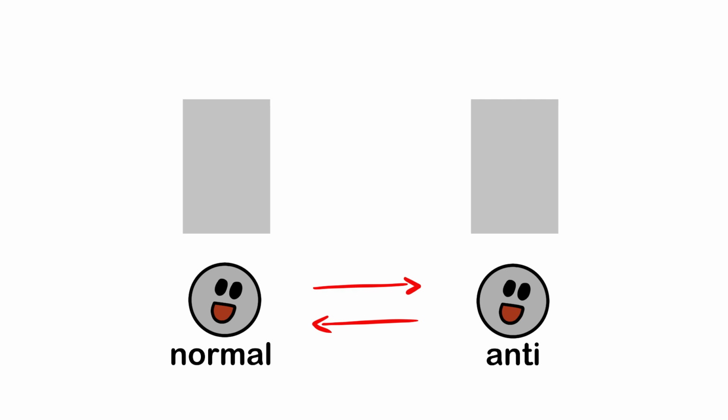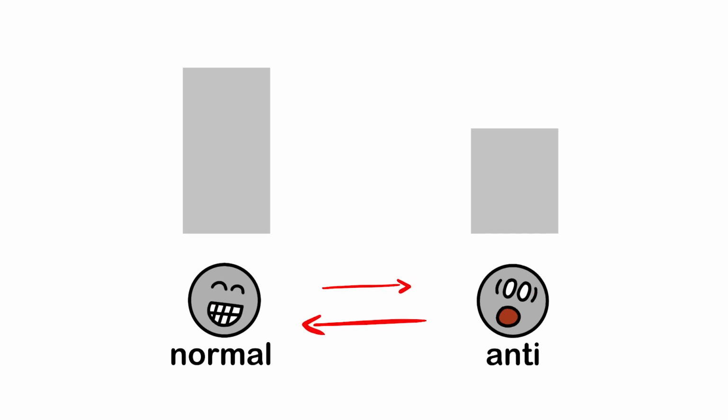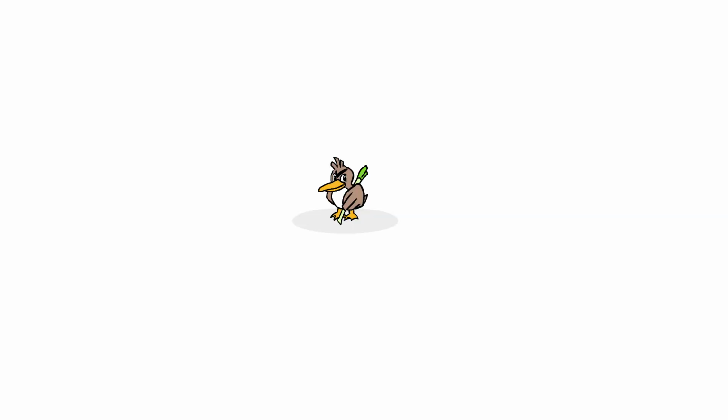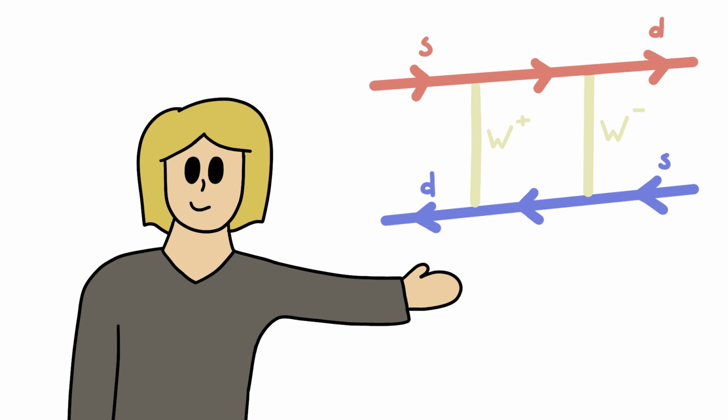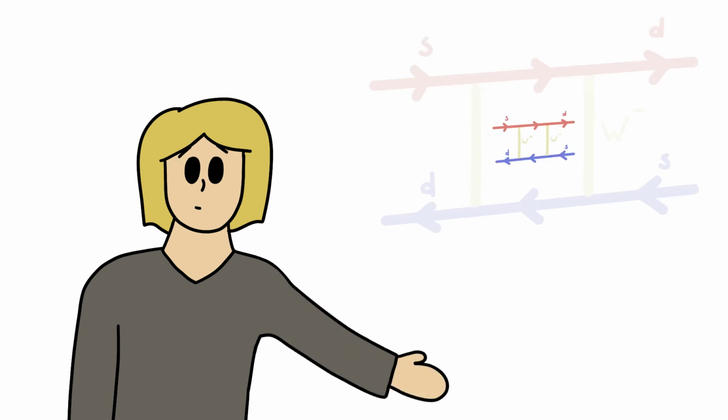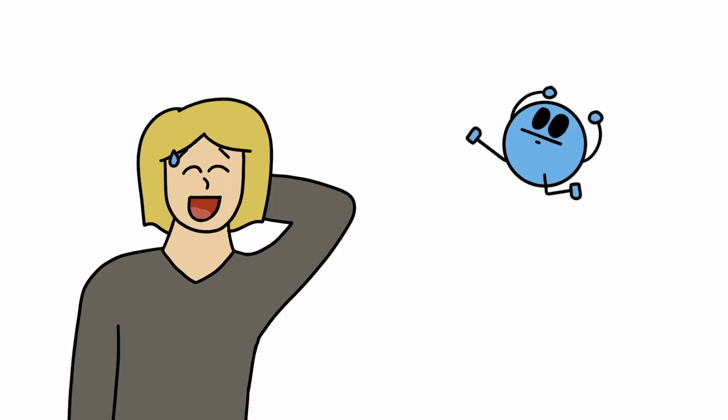But what if there were some quirky physics that would allow for different rates for these processes? That would create a mechanism to change the balance of the matter-antimatter scale. This may sound a little far-fetched, but we already know of the existence of such processes. Unfortunately, the collective effect of these processes is not large enough to explain why we currently have as much matter as we do, but hey, it's something.